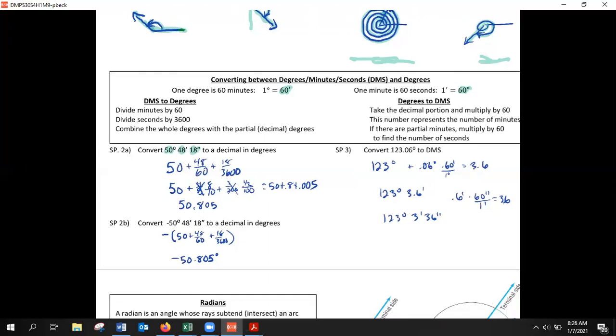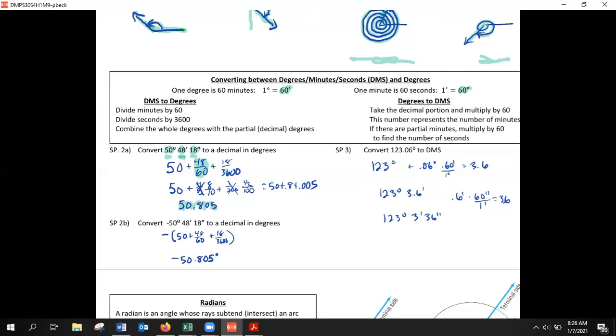So we know it's at least 50 degrees, and you can see the answer here. It's 50.805. We know it's a little bit more than 50 degrees because we start off at that 50, and then we go almost another full degree, and then a little bit further. It goes back to how many minutes are in a degree. There are 60 minutes in the degree. So we take that fractional portion and say, okay, we have 48 minutes out of the 60 minutes, which would take us to another part of the degree.